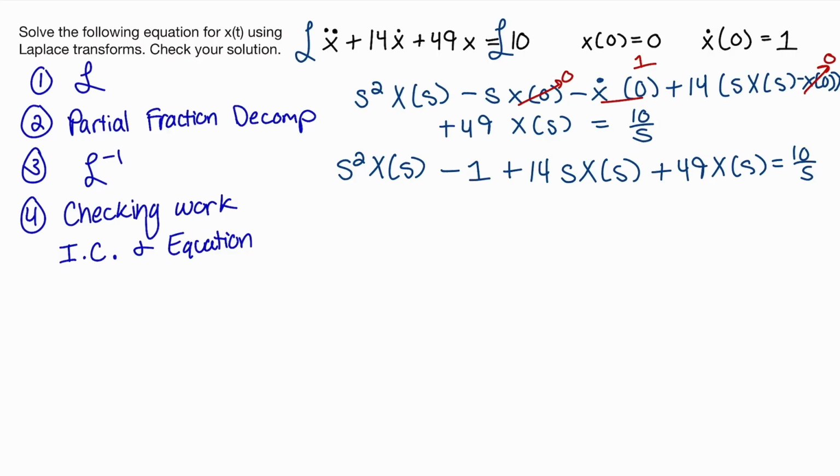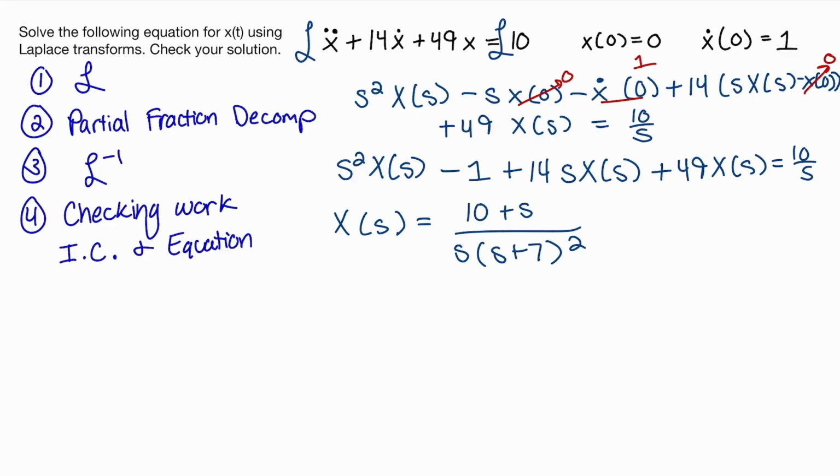Now we just want to arrange this so we get X(s) on one side and everything else on the other side. This is just basic algebra, and what you'll end up with is X(s) equals 10 plus s over s times (s plus 7) squared.